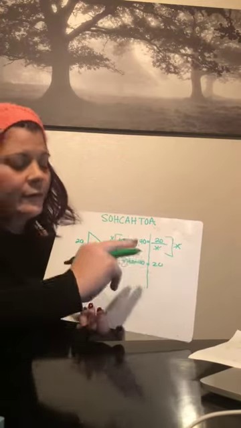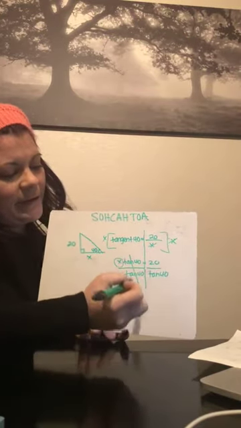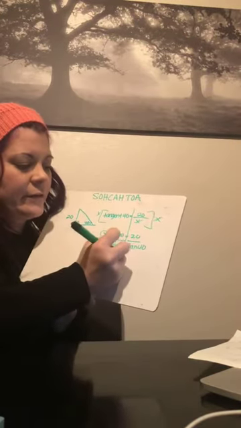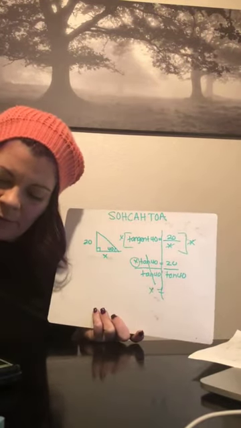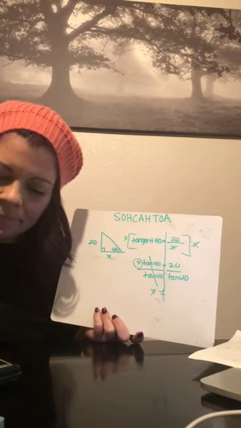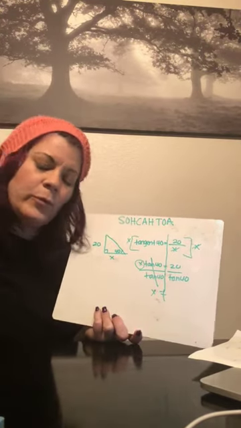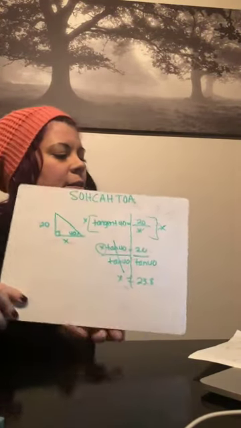We're multiplying these, so I'm going to divide both sides by tan of 40. Tan of 40 divided by tan of 40 will just give me x. And then this is what I put in my calculator: 20 divided by tan of 40, and we get 23.8. So x equals 23.8. That is how you find the missing side using trig functions.